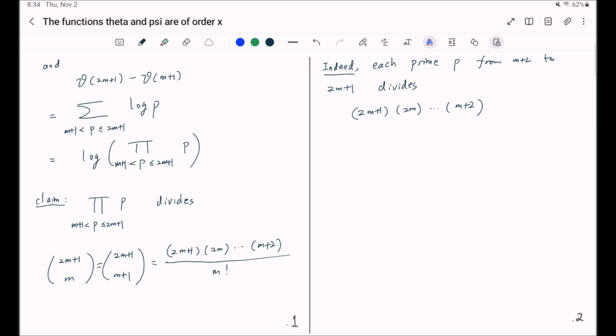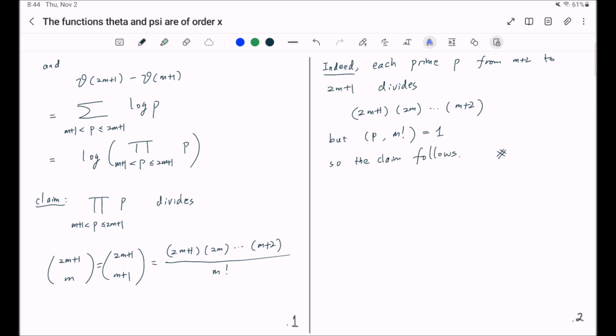But at the same time, because p starts from m plus 2, each factor must be coprime to the m factorial in the denominator. So this claim follows.